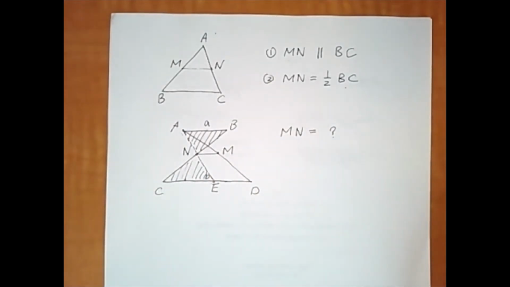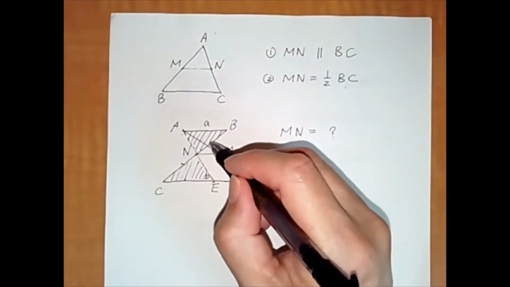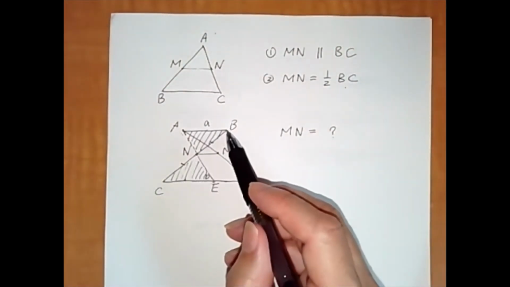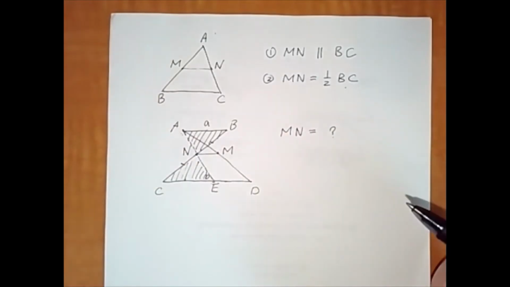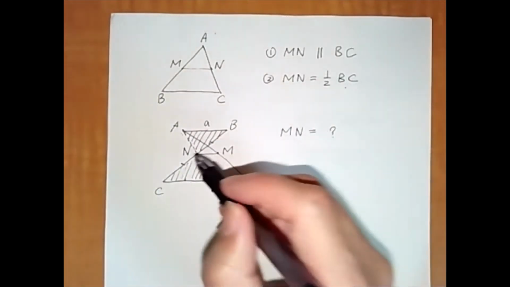Why are these two triangles congruent? You see, we have a midpoint. N is the midpoint. So NB equals NC.